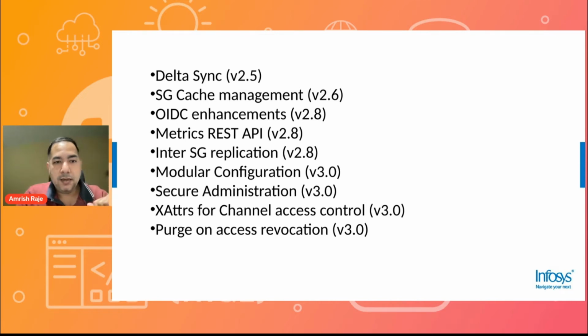There was a metric REST API that was introduced recently, where you can get Prometheus-based data metrics from Sync Gateway. Again, this was something that we were waiting on. It was something that we wanted to be able to monitor the health of our Sync Gateways. And we extensively used Prometheus.